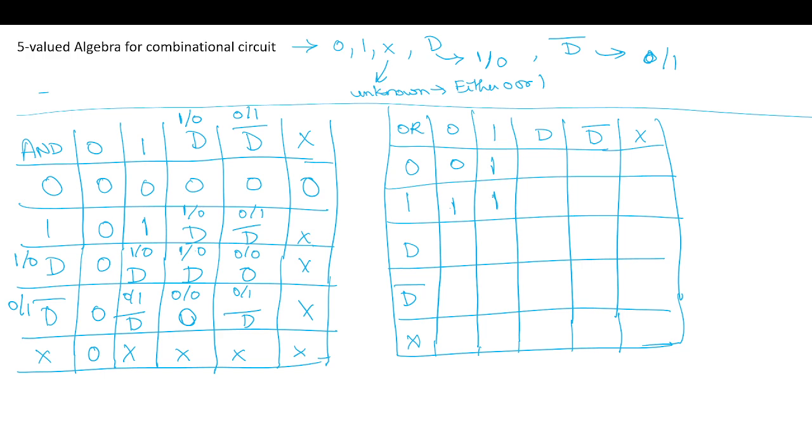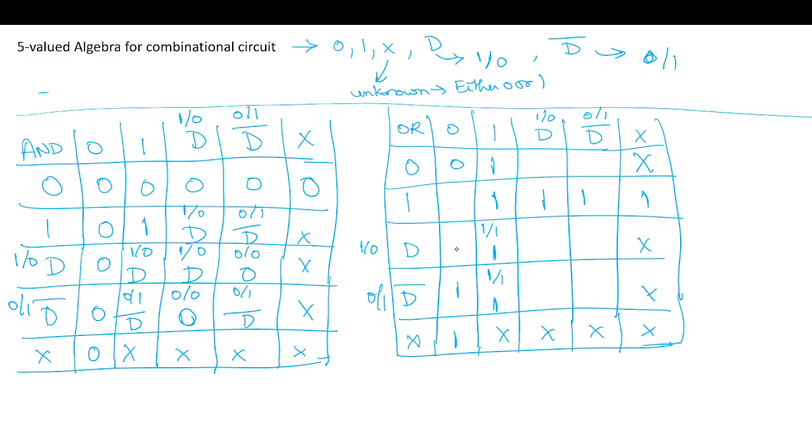So this is our truth table. Now 1 is a controlling value for OR, so it will give output 1. And for X, if the other input is non-controlling, it will be don't care. Now D is 1 by 0, D bar is 0 by 1. Now let's perform for this: 1, 1, it's 1.